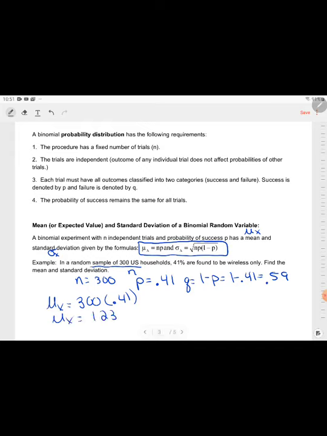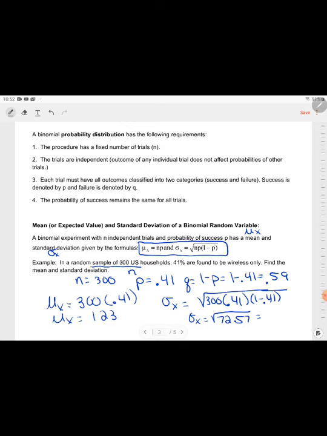Your sigma x is equal to the square root. Now notice np is the mu. So we could put 123 in there, but we'll do each piece: 300 times 0.41 times 1 minus 0.41. So using a calculator, let's see what number we get. If you do just that, you get 72.57.